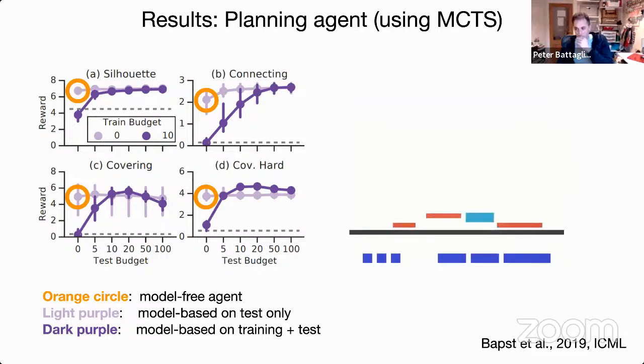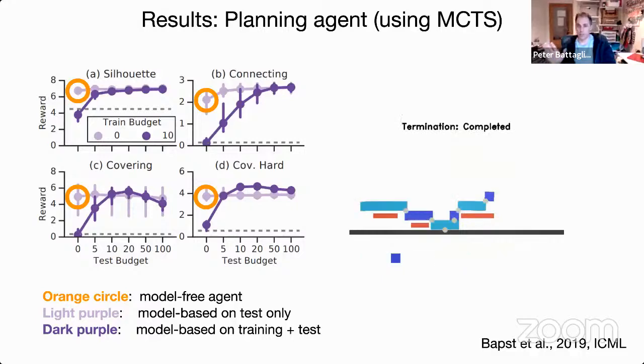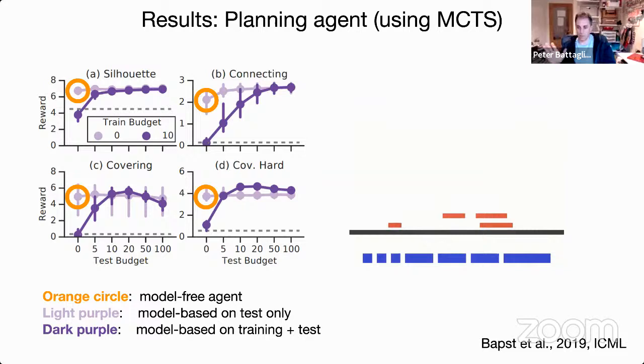Sorry, this is only true for the relative actions. In the absolute actions, there wasn't that much of an impact. So this is the relative action agent making the edge level predictions and using the MCTS model-based planning.